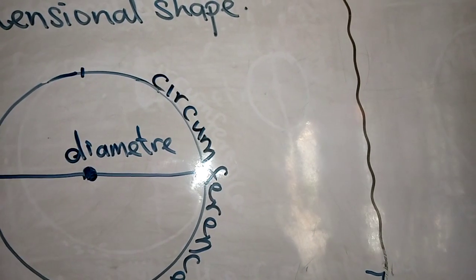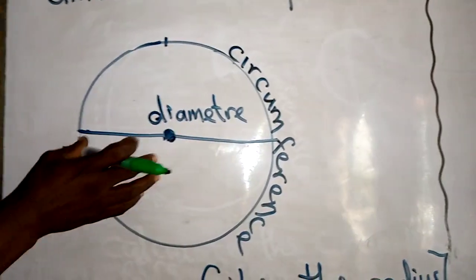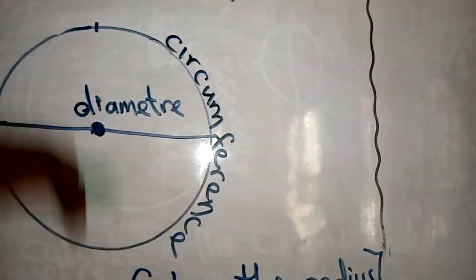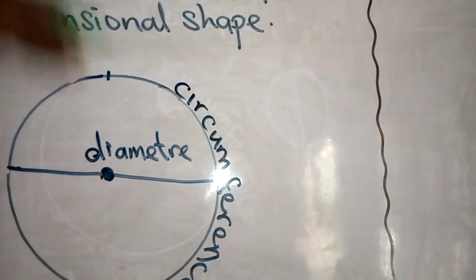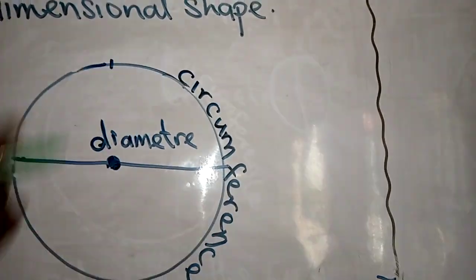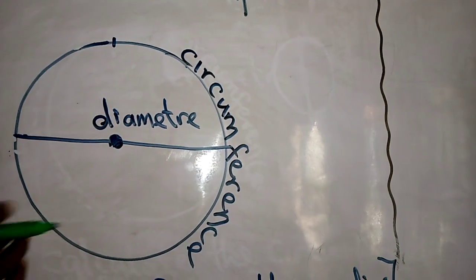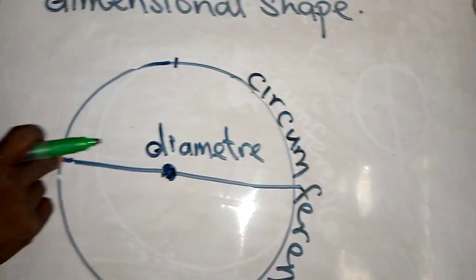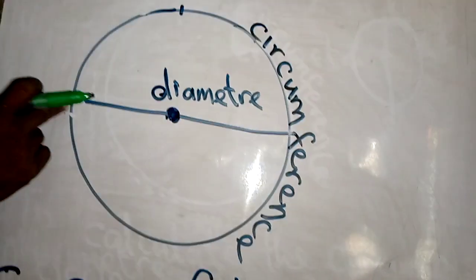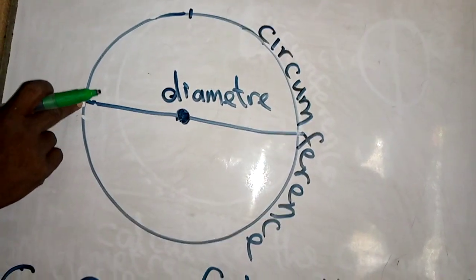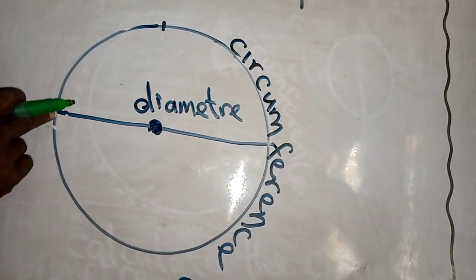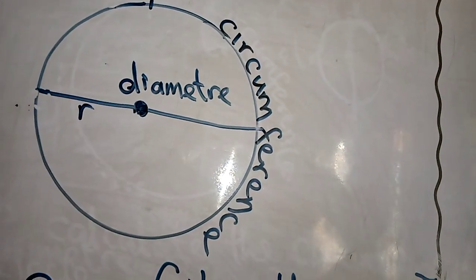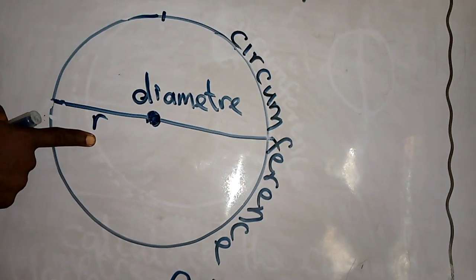Now, this is the diameter of a circle. The line that divides a circle into two equal parts. So when you look at this diameter, the half of it, from the circumference to the center of the circle, is what we call radius.